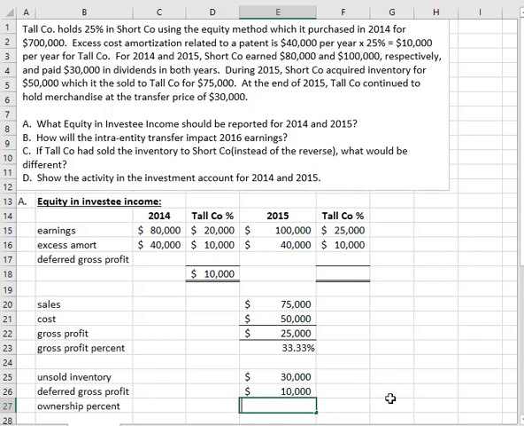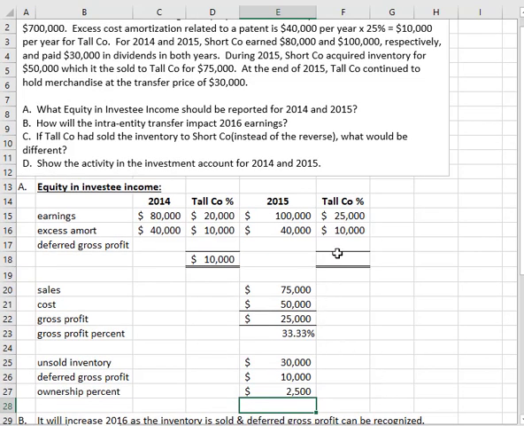All right, and then Tallco has 25% of that, and so that's going to reduce the 25,000 as well. So the income would be the 25,000 less the 10 less the 2,500. Again, you can use minus if you like, or if your theory is strong enough, you know that those would be removed. So whichever is better for you is fine for me.